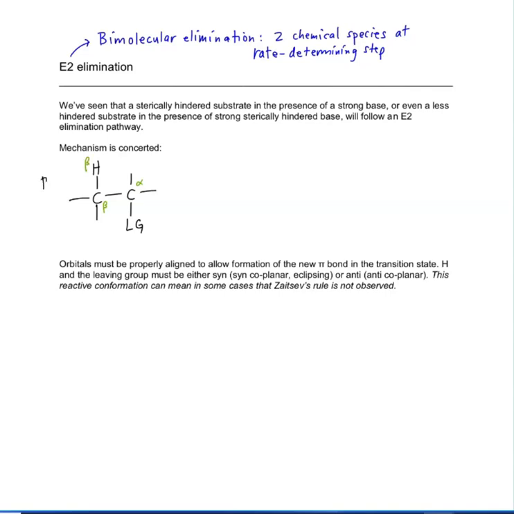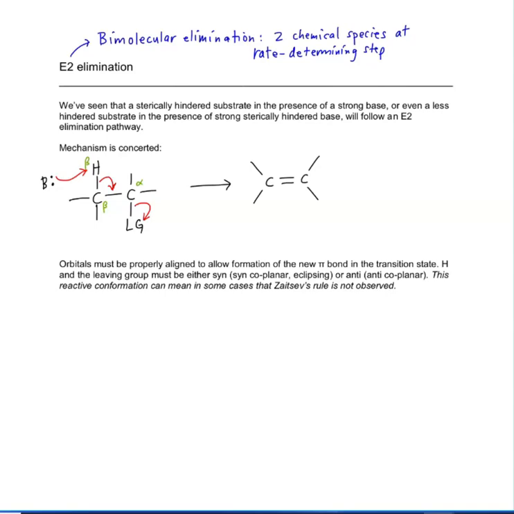In the E2 reaction, a base, which is most likely going to be a strong base, accepts a beta proton. The electrons in the bond between the beta carbon and that hydrogen move down to form the pi bond, and that causes the expulsion of the leaving group. And the result is the alkene.